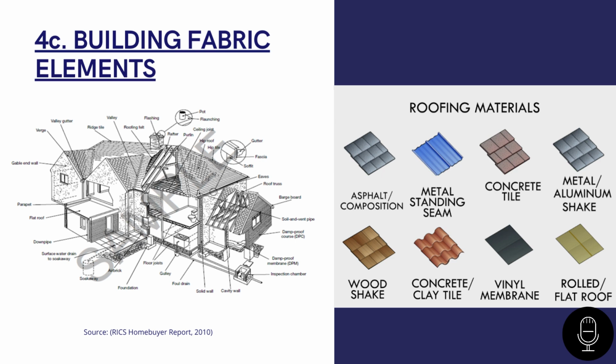For example, the roofing system will be covered by roofing materials and finishes, such as asphalt and composition, metal standing seam, concrete tile, metal or aluminum shake, wood shake, or concrete and clay tile. That is for a pitch roof. However, a flat roof can be covered by vinyl membrane or a roll of flat roofing.